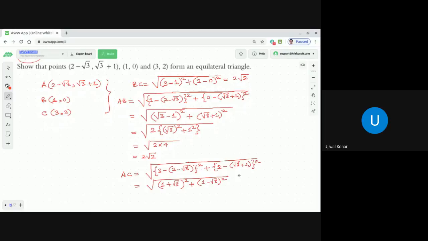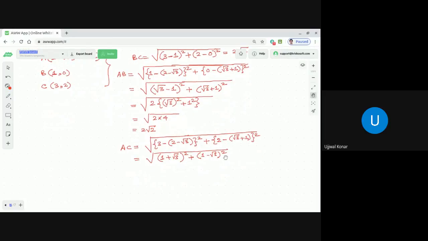Using the same formula we used to compute AB, that is a plus b whole square plus a minus b whole square, we know that it is 2 into a square plus b square. So that is equal to 2 into 1 square plus root 3 whole square. Correct, dear students?